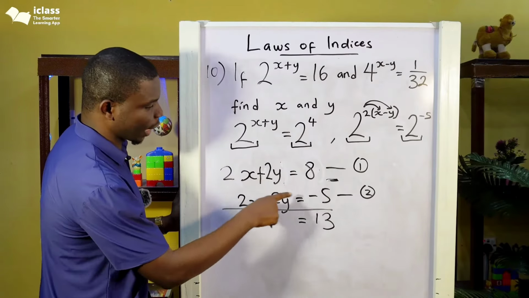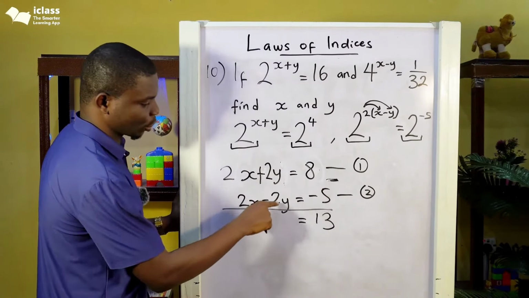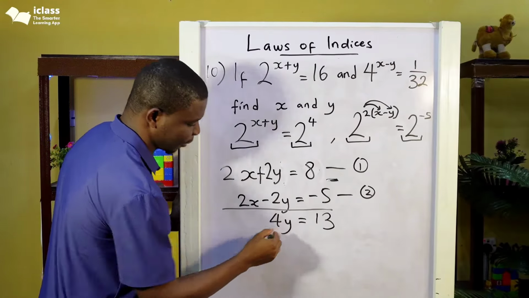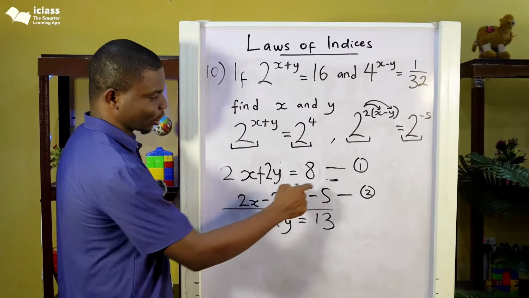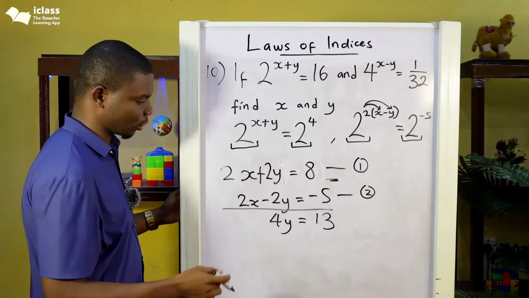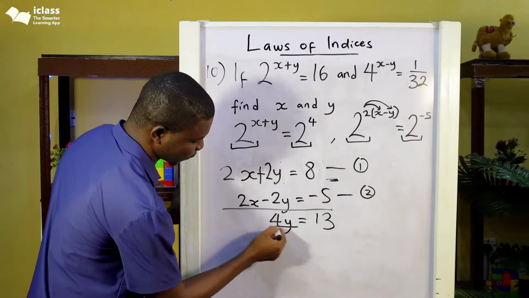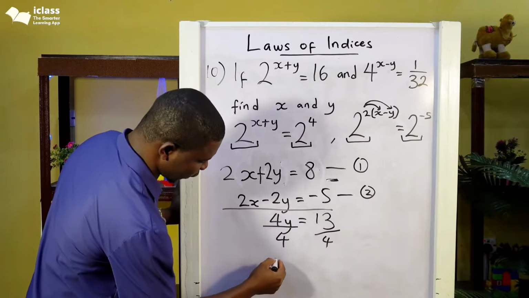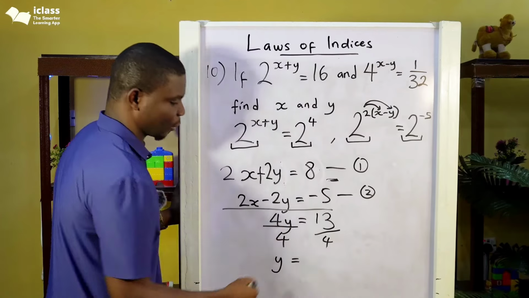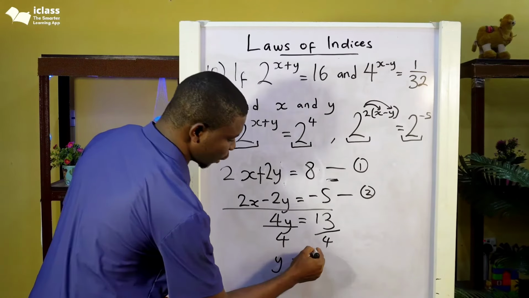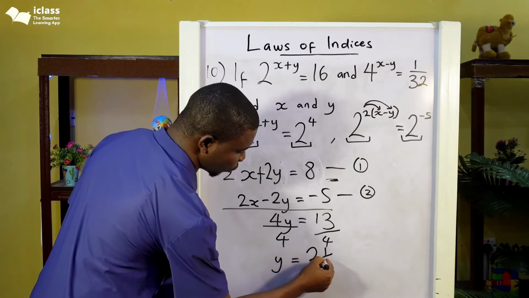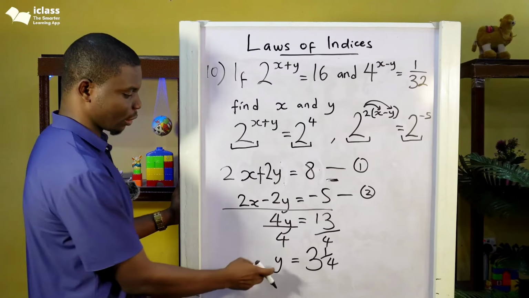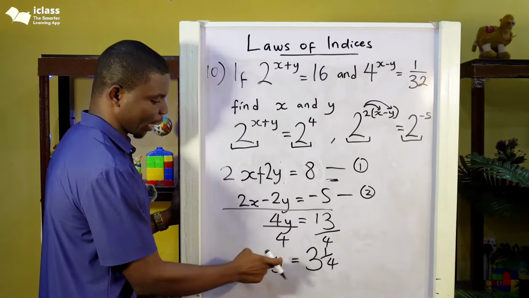Now, 2y minus minus 2y will be 2y plus 2y, which is 4y. 2x minus 2x will be 0, right? So we've eliminated x. To get y, I'll divide both sides by 4. So y is equal to 13 divided by 4. That will be 3 whole number 1 over 4. 3 whole number 1 over 4 is our value of y.